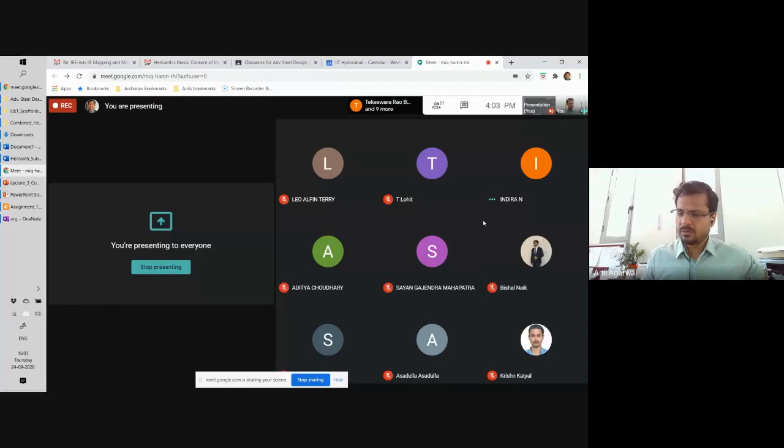Correct. So due to the fabrication or manufacturing process, which may be hot rolling or welding or cold forming, you may sometimes get some residual stresses locked into the member. Good answer, Indira. Thank you. That usually depends quite significantly on the member shapes and sizes and thickness of the plates and so on.